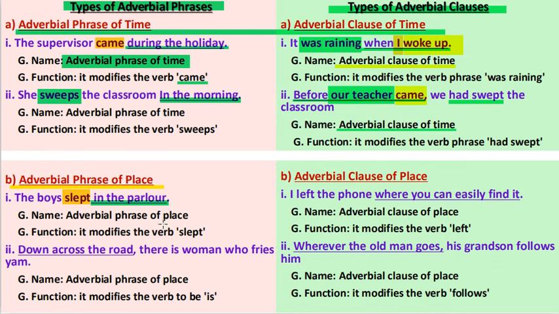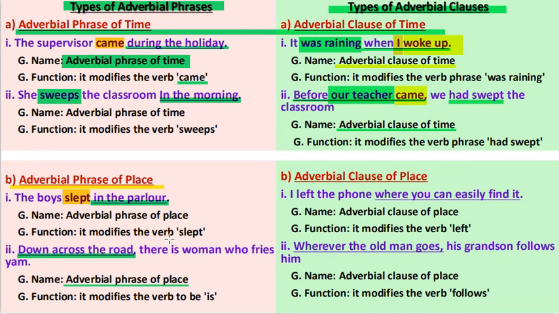The second example there under adverbial phrase of place is: down across the road, there is a woman who fries yam. Down across the road is an adverbial phrase of place, and it modifies the verb to be, is.